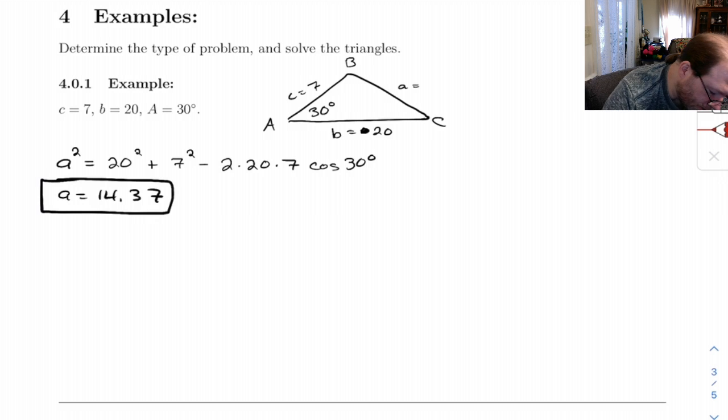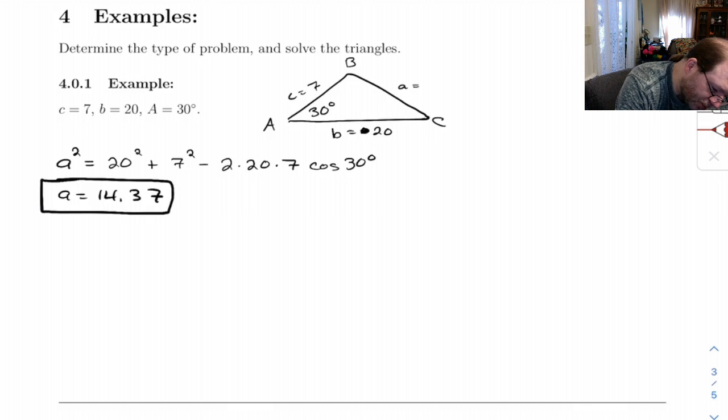And now I need to find the two remaining angles. Now remember, the directions say we've got to use the law of sines to come up with one of these remaining angles. And you want to find the smaller angle first. That way, since it's a smaller angle, it's going to be less than 90 degrees. So you don't have to worry about seeing if there's a second angle that satisfies the law of sines and all that.